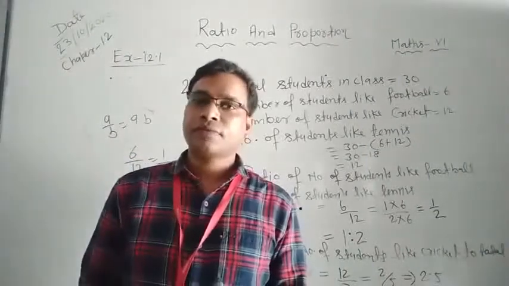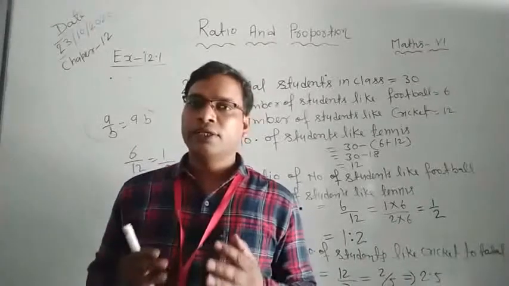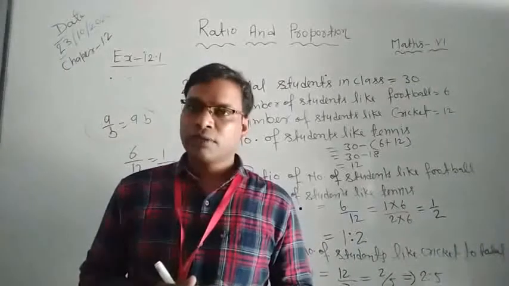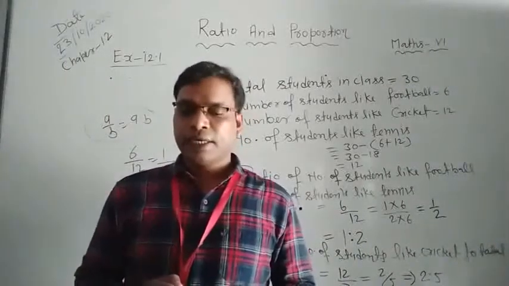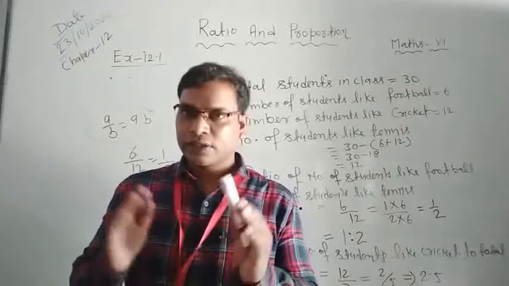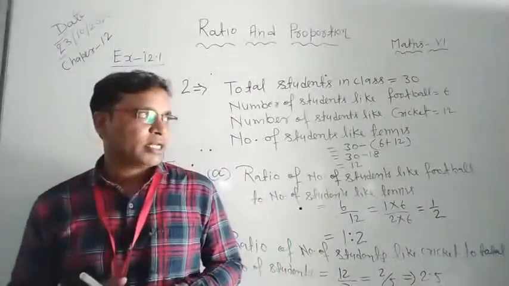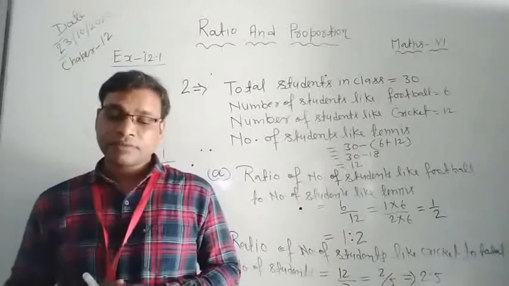Now we are going to discuss the next question, question number 3. It is given that among the figures in the rectangular box there are some triangles, some squares, and some circles.